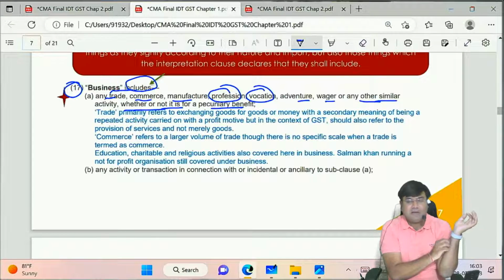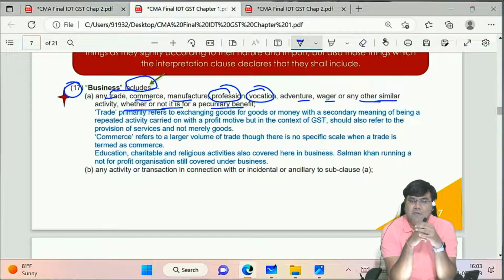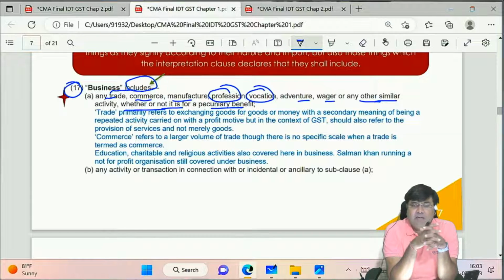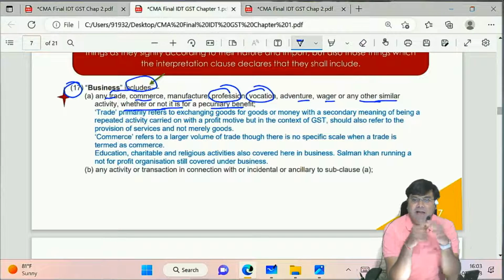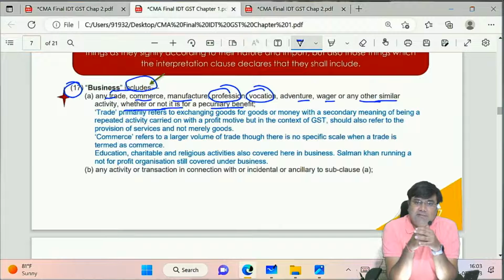So profit motive not important. So Salman Khan's hobby comes into the picture. Whether the business definition includes such a type of hobby, the answer is yes. Although Salman Khan's profession is acting, whenever he gets time, he does painting and that painting he sells.